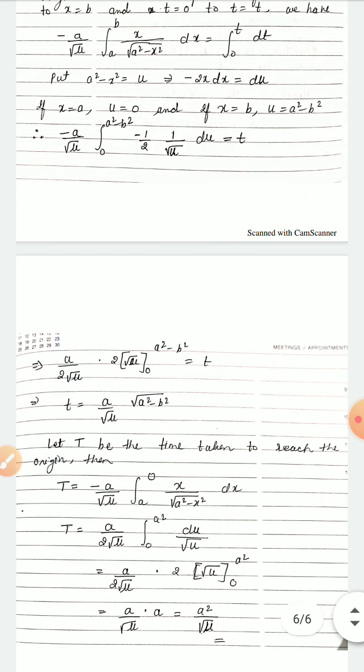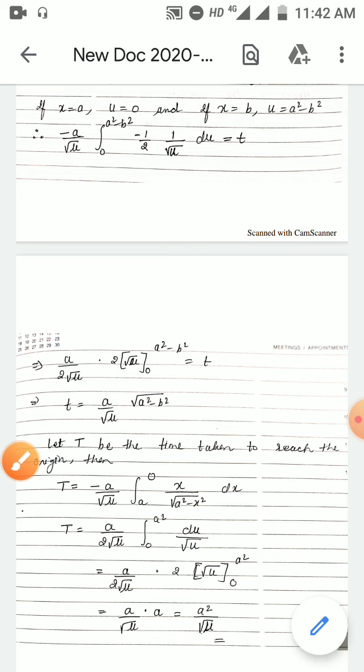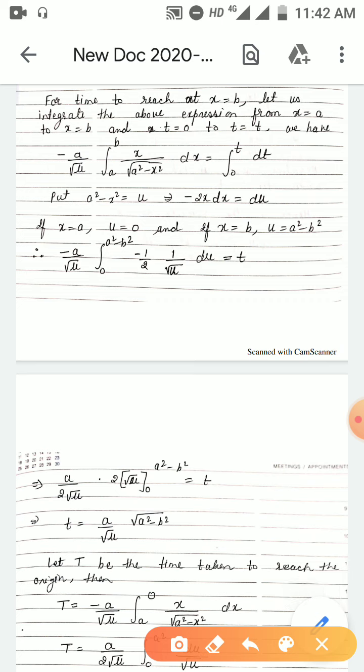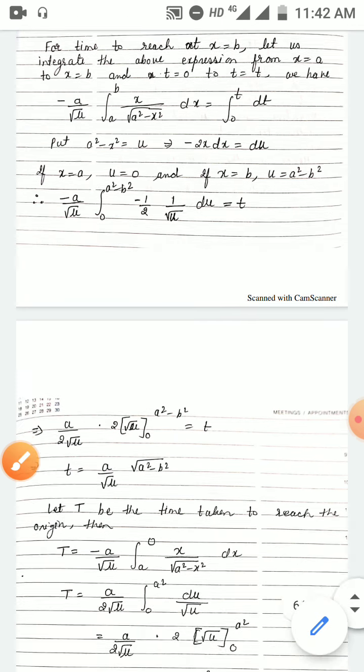Again using the same substitution as above, we have to put a square minus x square is equal to u. This implies minus 2x dx is equal to du. If x is equal to a, u is equal to 0, and if x is equal to 0, u is equal to a square.